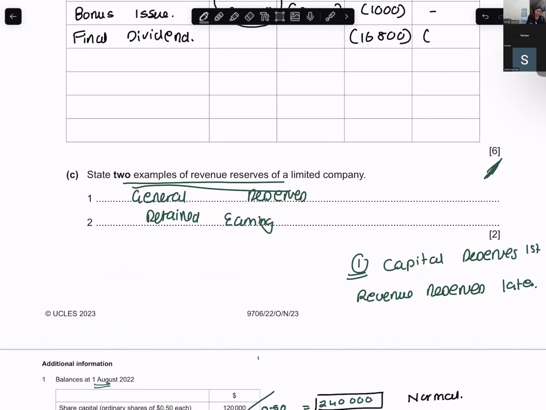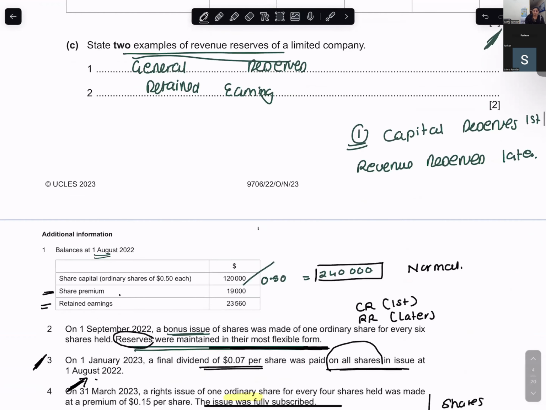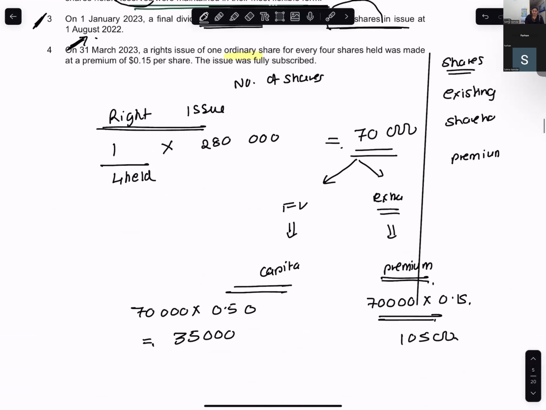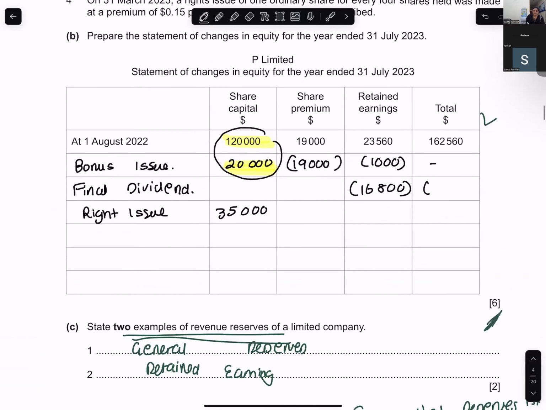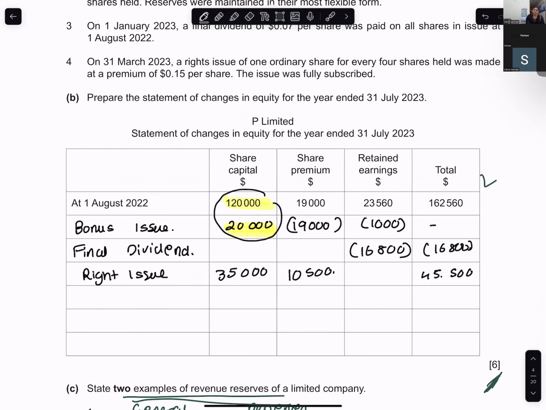It's going to be the face value, right? 35,000. And the premium was 10,500. So what is the total? 35,000 plus 10,500, 45,500.